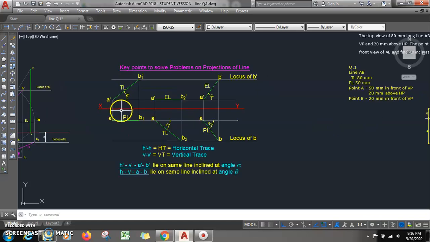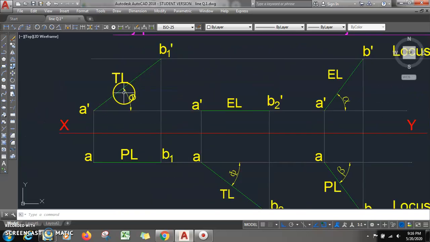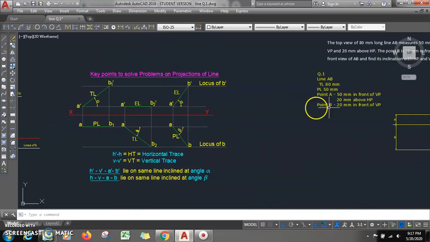We have plan length and we have true length. Can we get this theta? How? From B1, draw one vertical line. From A dash, draw one circle with radius equal to true length. Very simple.